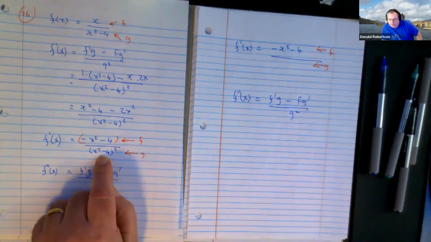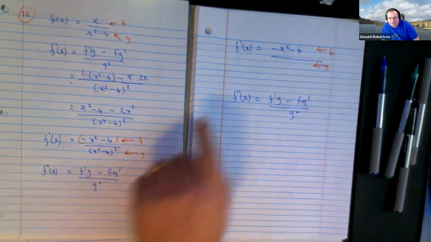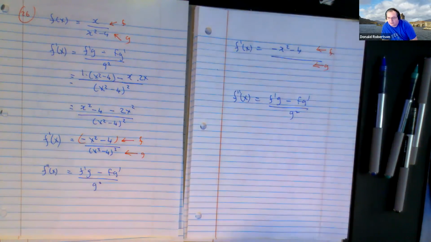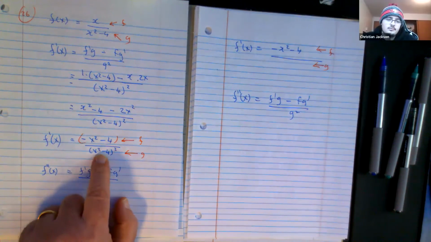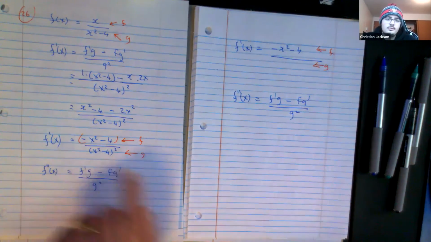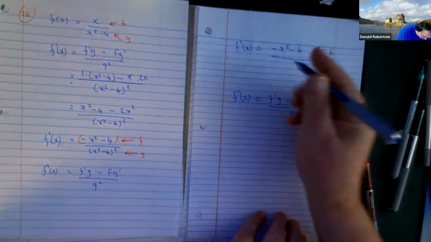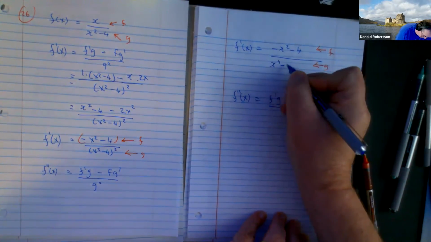What do you think you should do with x squared minus 4 algebraically, to make it that I can now differentiate g, the bottom? You got a FOIL? Yeah, and you just trust me on this, but you can check it.